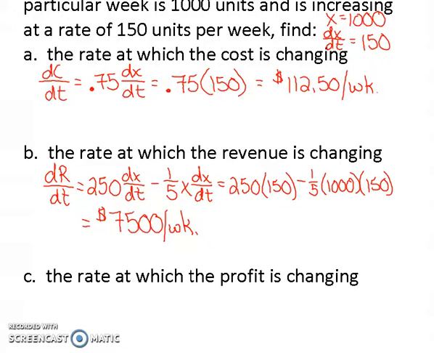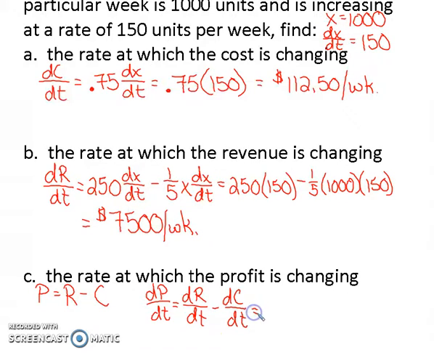Then for part C, it wants the rate at which the profit is changing. So again, if you know anything about business, profit is the revenue, which is the total amount of money that you bring in. But then you have to subtract from it the amount of money it's costing you to do whatever it is you're doing, and that gives you the profit. So if we're wanting the rate of change of the profit, we would just take the derivative of that whole equation, and we would get dP/dt equals dR/dt minus dC/dt.